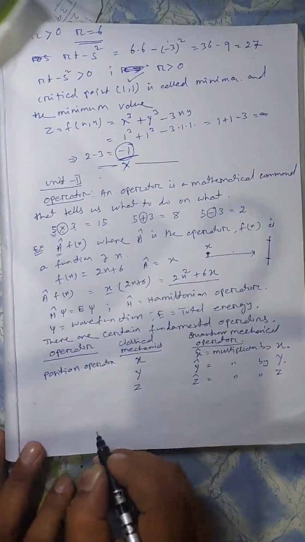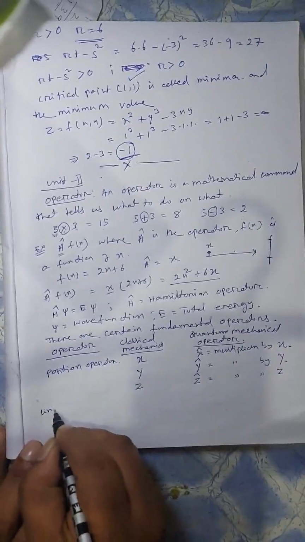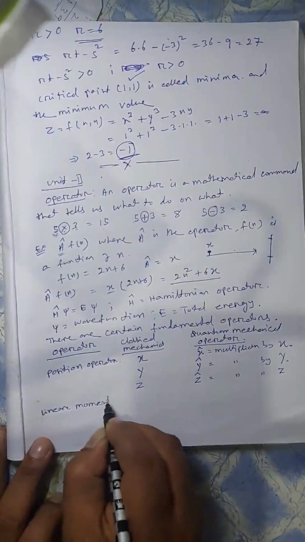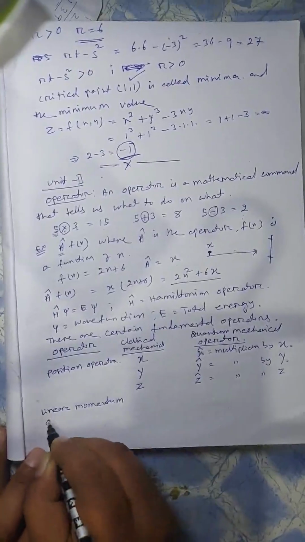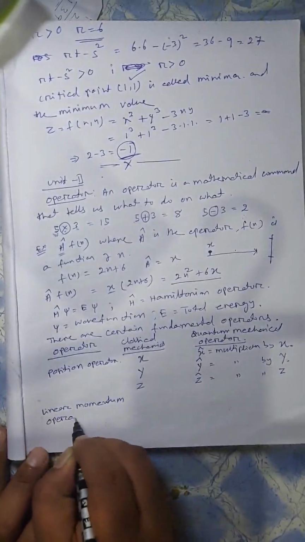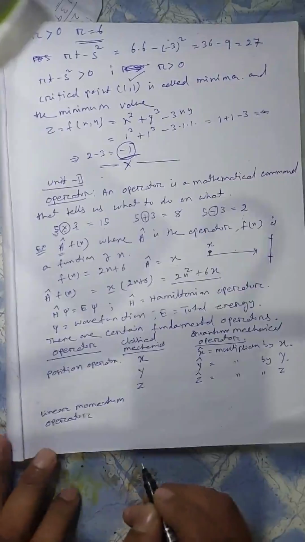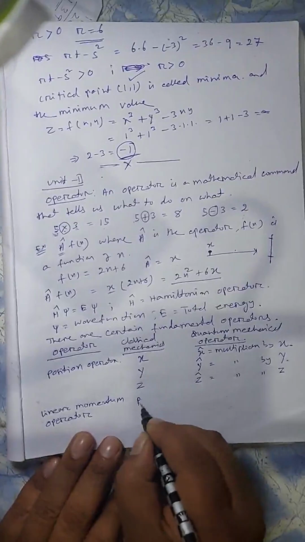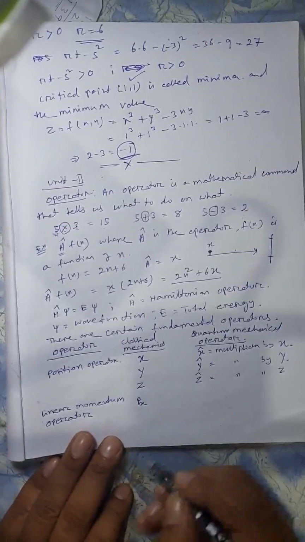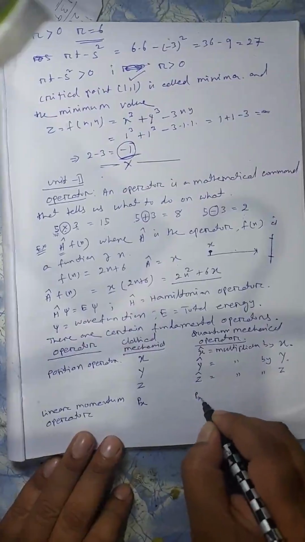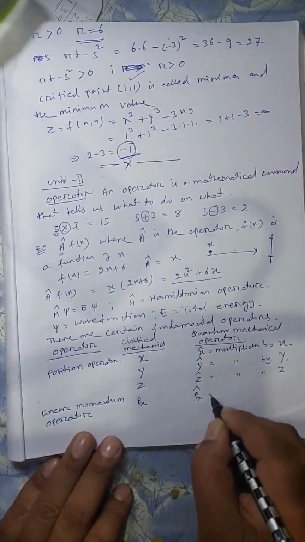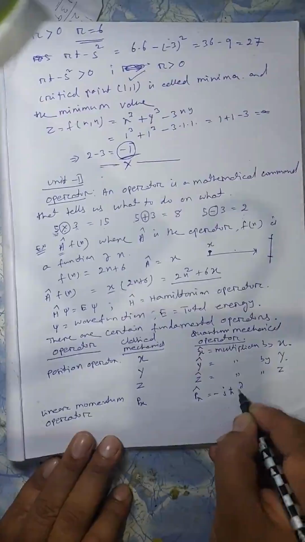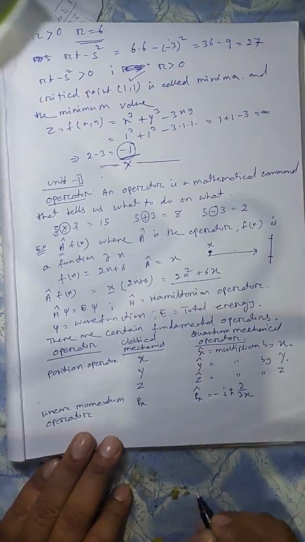What is the linear momentum operator? In classical mechanics, we write px, that we already know. In quantum mechanics, I write px cap, and its value is minus i h bar dou by dou x.